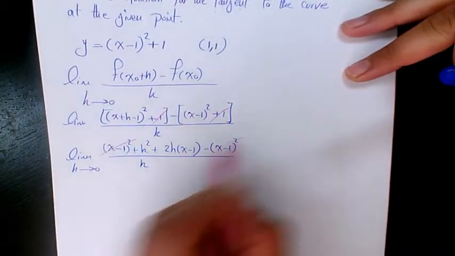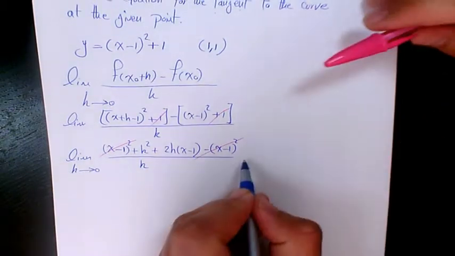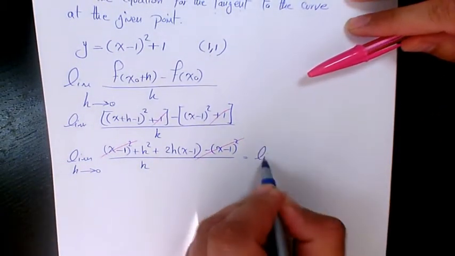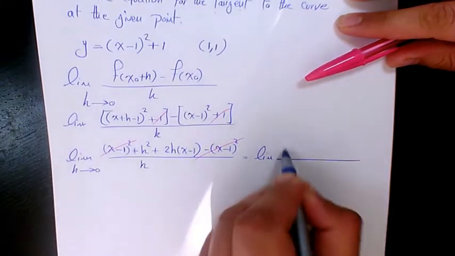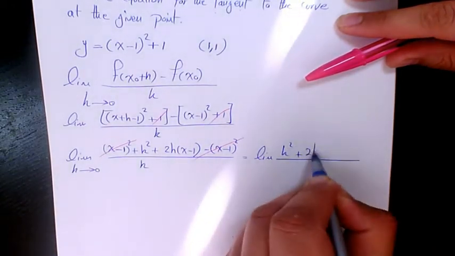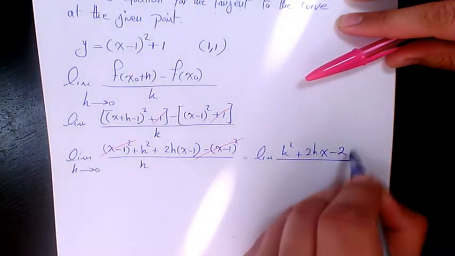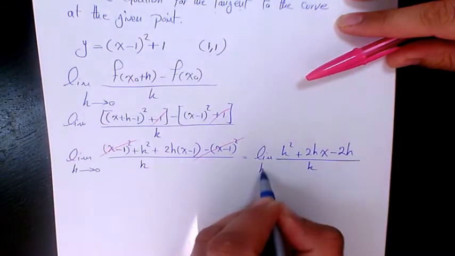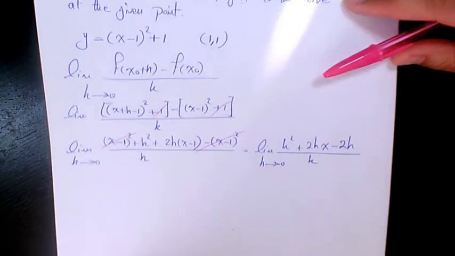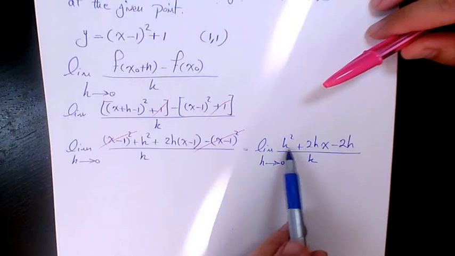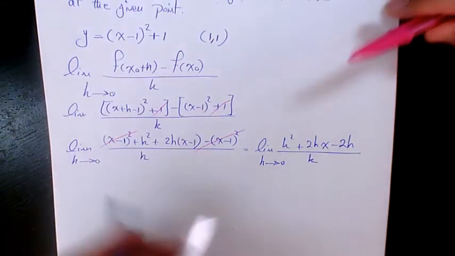Then these two cancel out, and you're going to end up having the limit of (h squared plus 2hx minus 2h) divided by h when h approaches 0. Now you need to simplify h and h from the numerator and denominator.